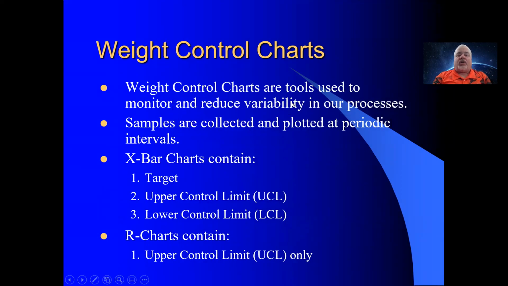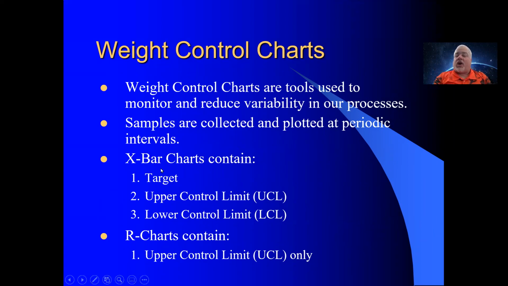So control charts are tools. They're basically a paper form used to monitor and reduce variability in our processes. Samples are collected and plotted at periodic intervals using 2 very simple charts. The X bar chart, X bar is the symbol for an average, an X with a bar over the top is an average or mean.